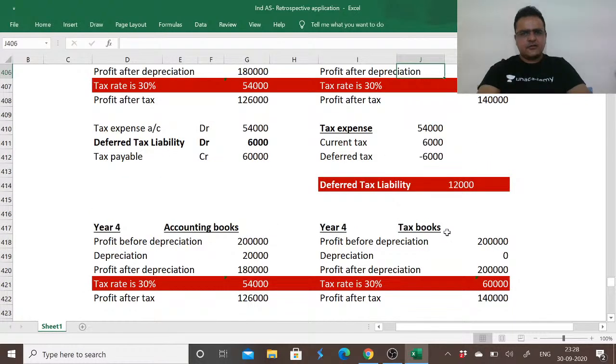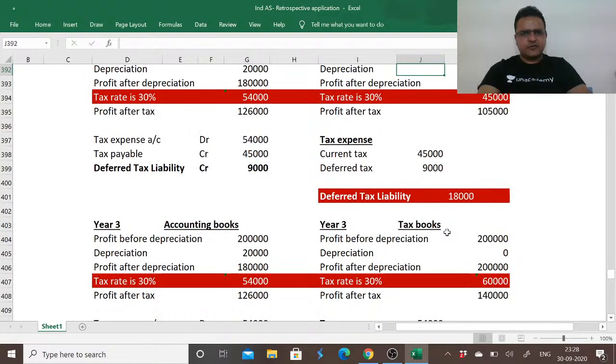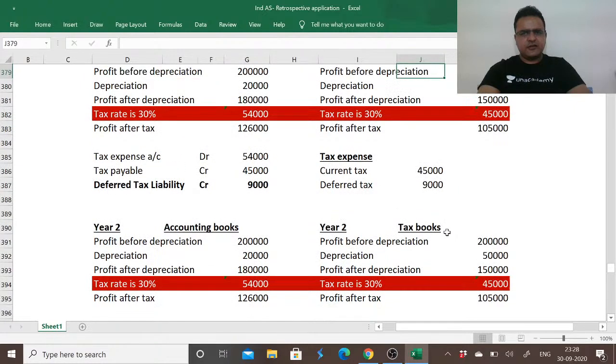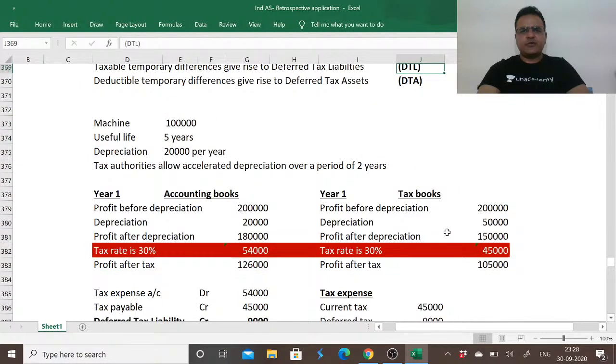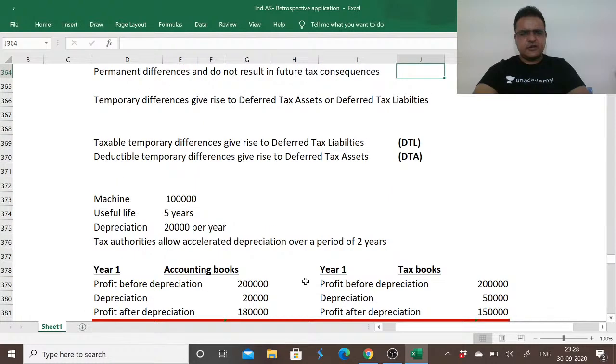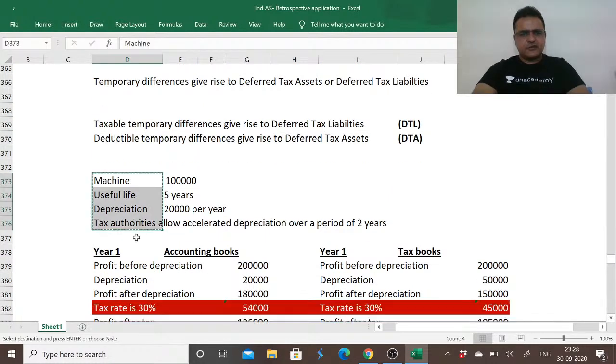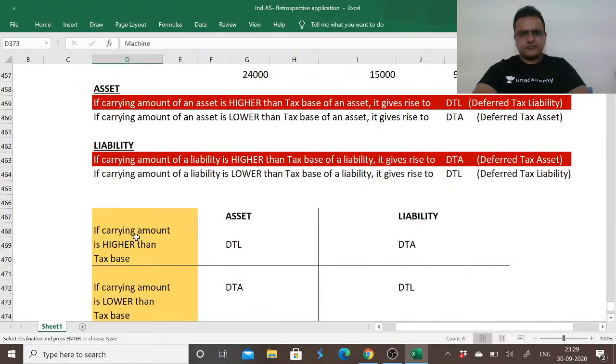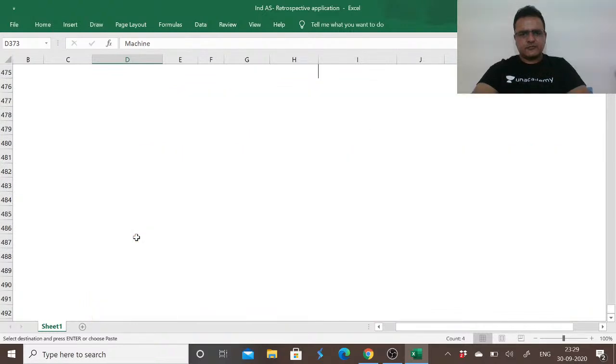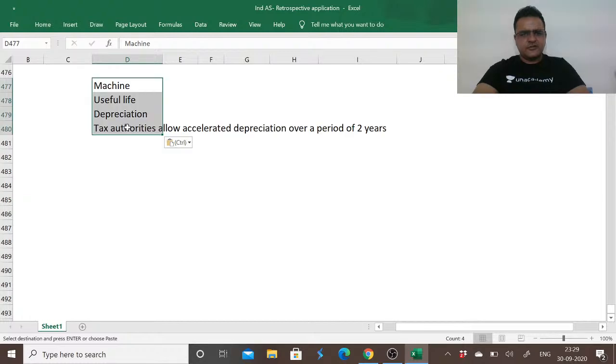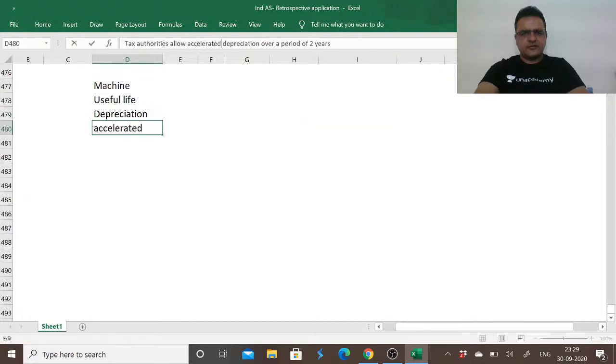Now in the same example, if we apply the balance sheet approach for an asset wherein the depreciation was over a period of 2 years allowed by tax authorities, with the same example, we use the balance sheet approach. Tax authorities allowed over a period of 8 years.